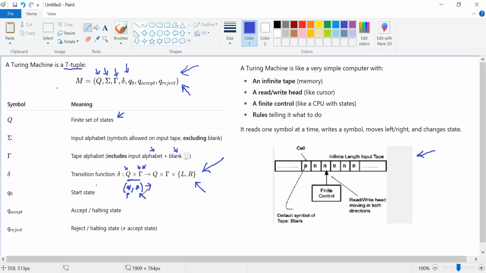That's what you have on the left-hand side, and then it maps to the output. This is again a cross product of three things: Q cross gamma cross this set, where L means left and R means right. So that will be an ordered pair of three elements. One will be the state to which the transition happens.